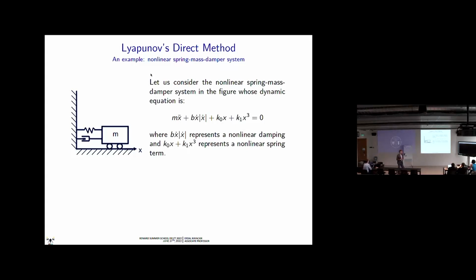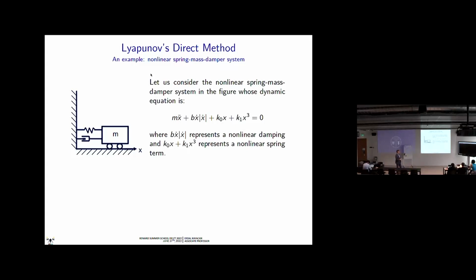You have x dot multiplied by the absolute value of x dot, x cubed, obviously not a linear function, so it's a nonlinear function. And then you have an interesting nonlinear damping. It's like x dot multiplied by the absolute value of x dot. And then you have a spring term. The spring term is also nonlinear.